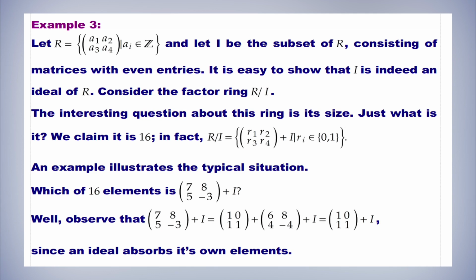An example illustrates the typical situation with one of the 16 elements, the matrix [7 8; 5 -3] + I. Well, observe that [7 8; 5 -3] + I = [1 0; 1 1] + [6 8; 4 -4] + I = [1 0; 1 1] + I, since an ideal absorbs its own elements.